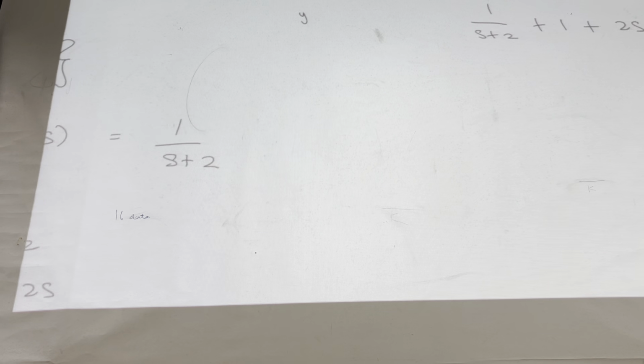Alright, now we want to simplify this fraction. So 2s squared plus 5s plus 3 over s plus 2 over s squared plus 4. This is equal to first s plus 2, second s squared plus 4. S squared plus 4 cannot be reduced anymore.